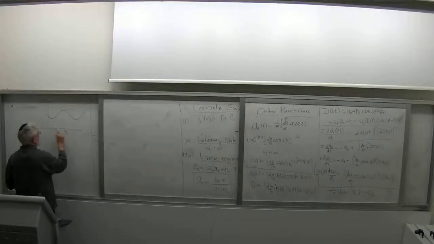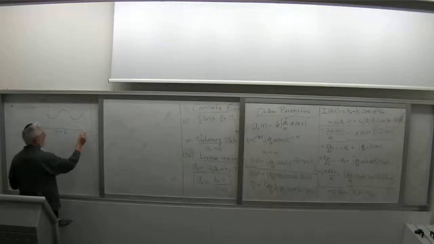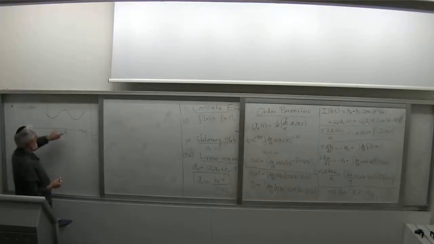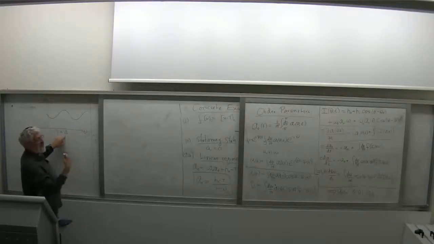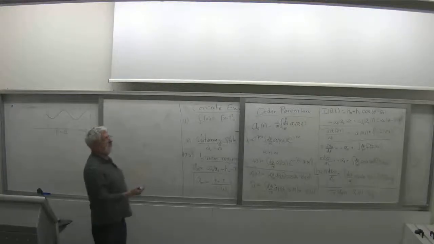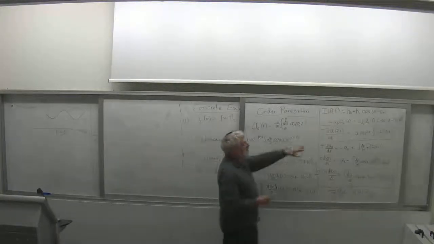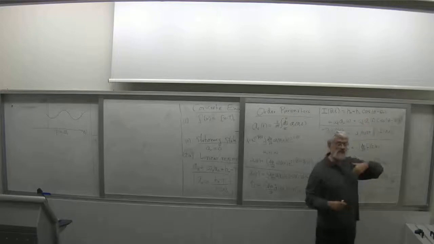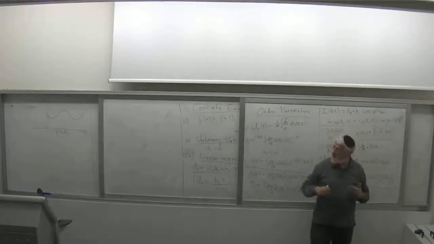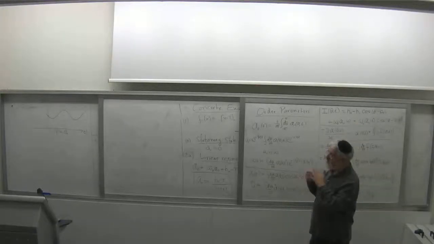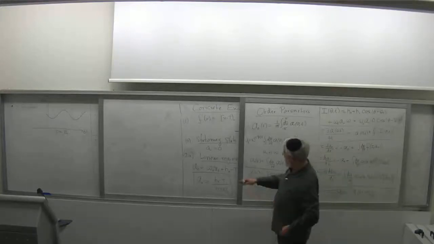So psi equals theta 0. That makes sense. Theta 0 is the location where the input is maximal, and therefore, it makes sense that this will be the location where the activity of the neurons will be maximal. And one can show that this is a solution, but it's the only solution for the linear case.